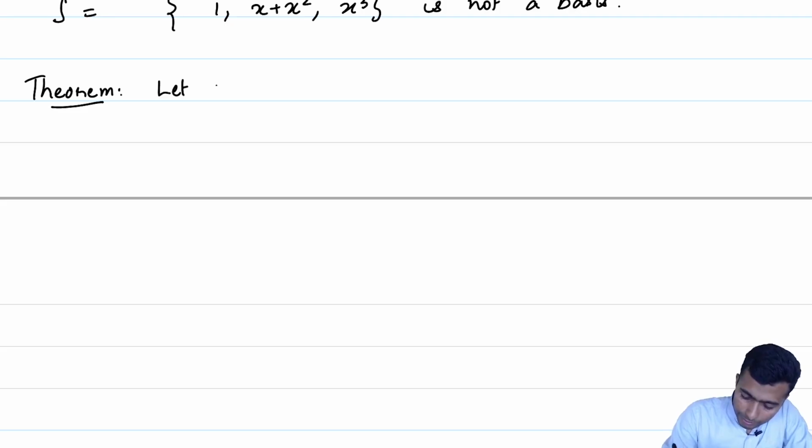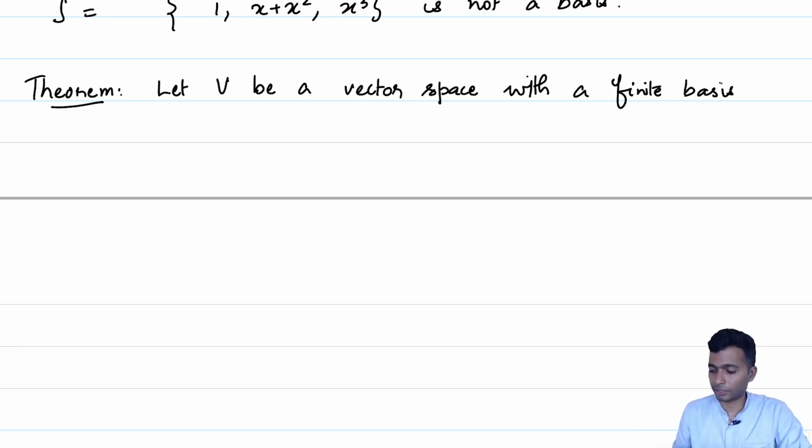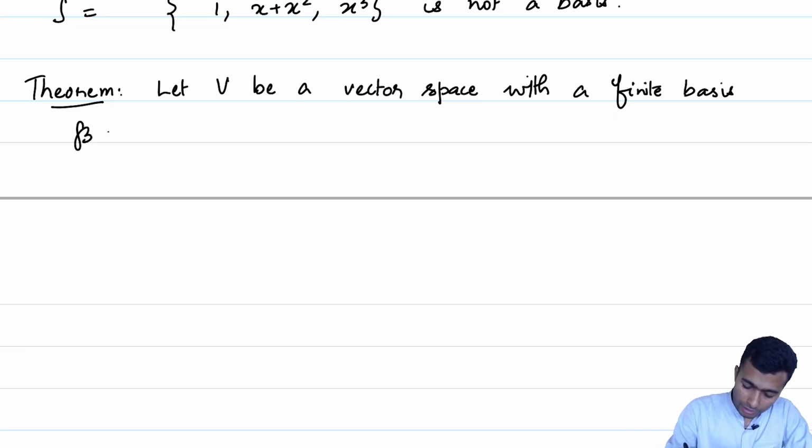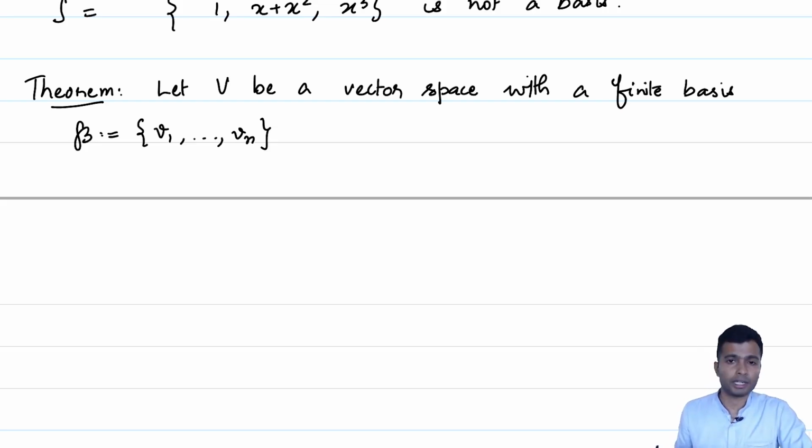Let V be a vector space with a finite basis. Let me impose the restriction of finite here: a finite basis B, which is defined as the set v1 to vn. So what the statement says is that we have a finite set v1, v2 up to vn, which is both linearly independent and a spanning set at the same time.